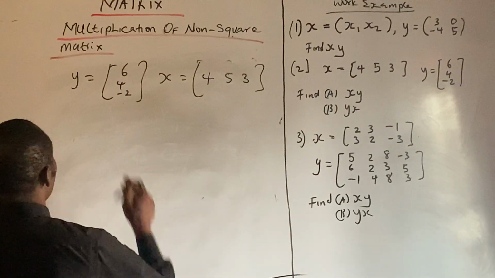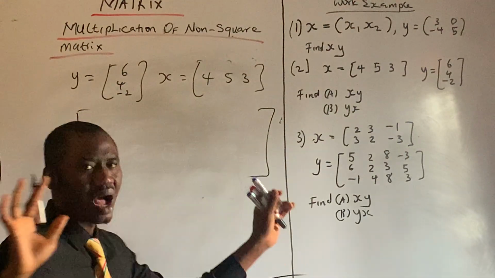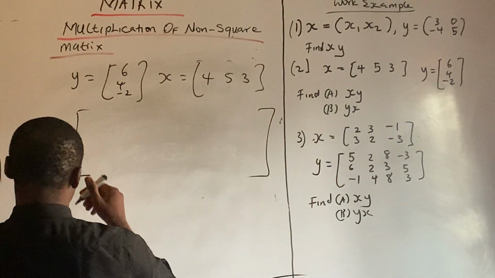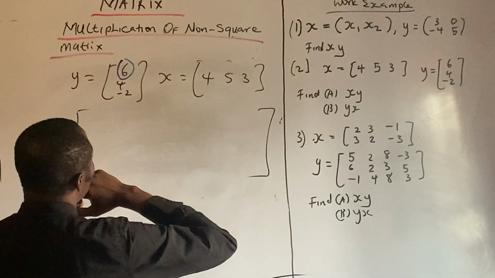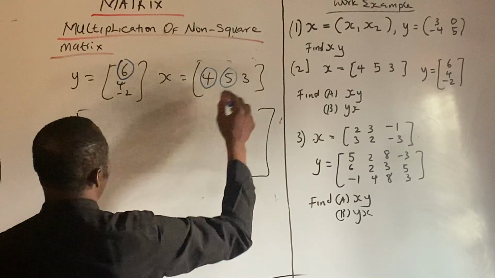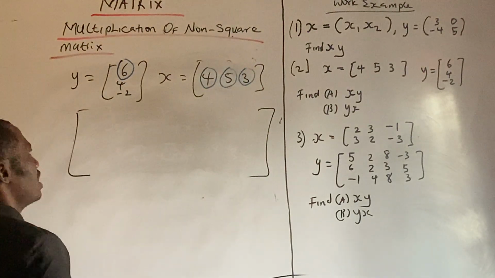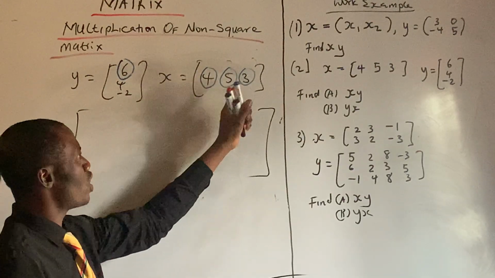We know that the order of operation is 3 by 3, so we enlarge our bracket so that we can have that. Let me help you. This matrix will multiply this one, and this one, and this one. Take it again. This matrix will multiply this one, and this one.